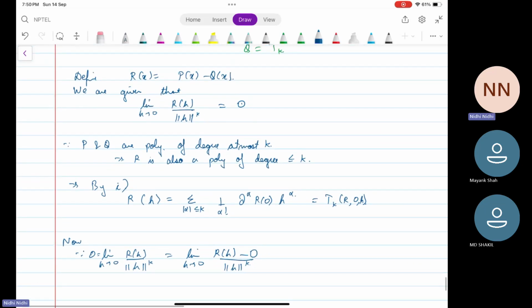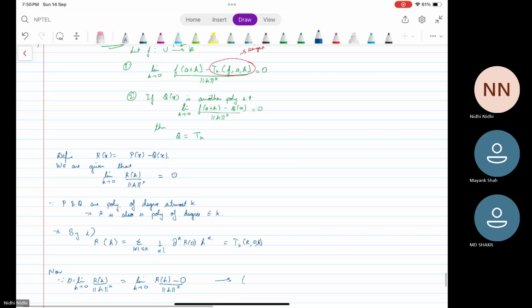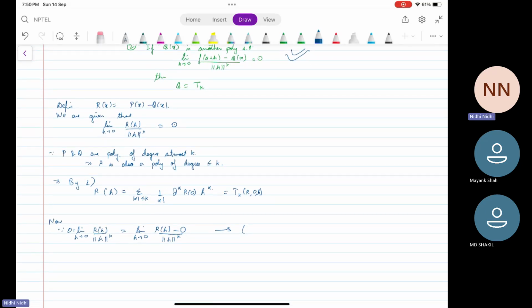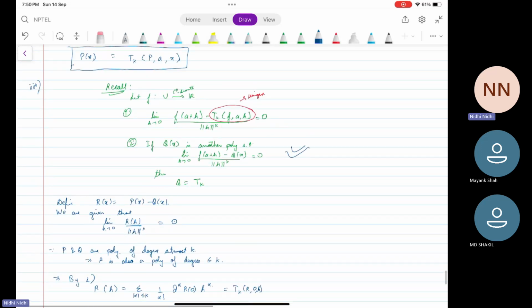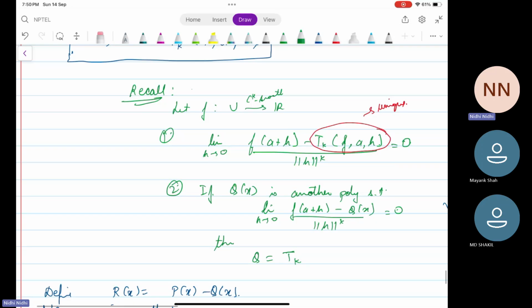So we'll use this condition, taking a equal to 0 in part 2 of the above theorem, Taylor's theorem without remainder.